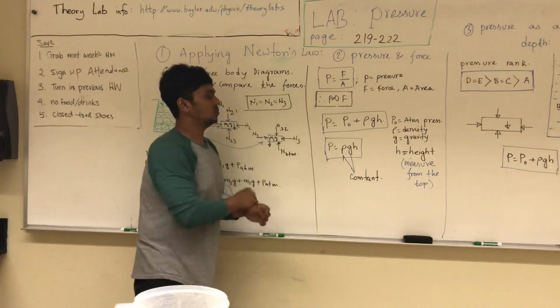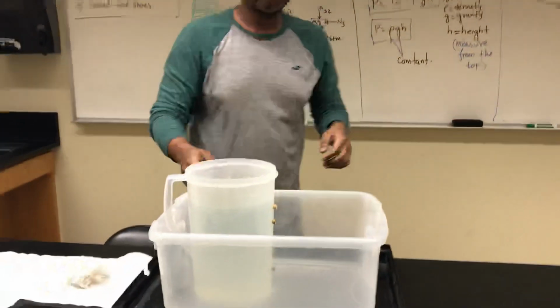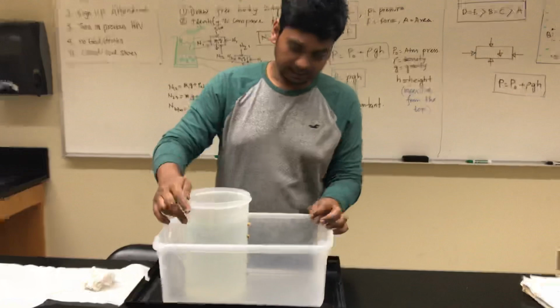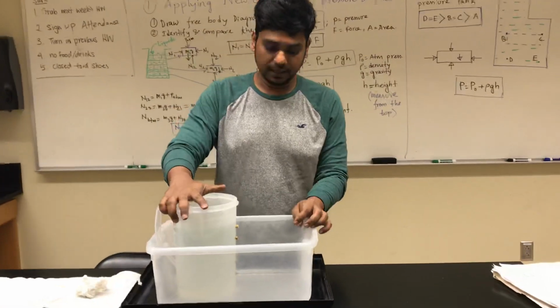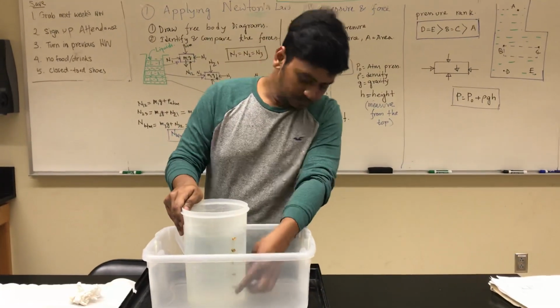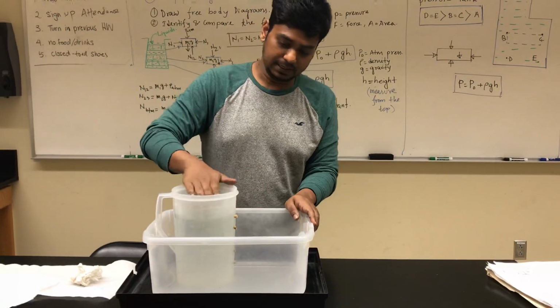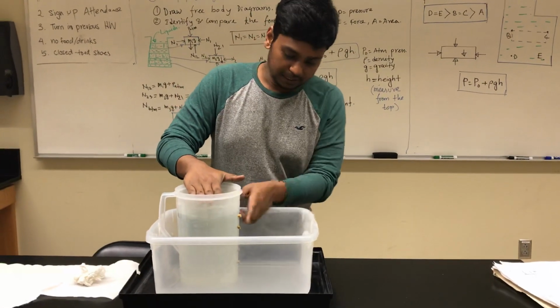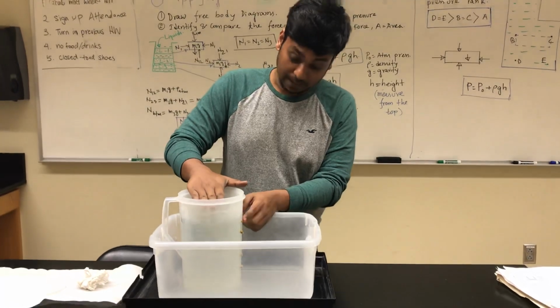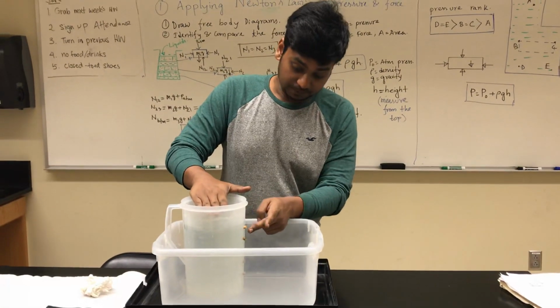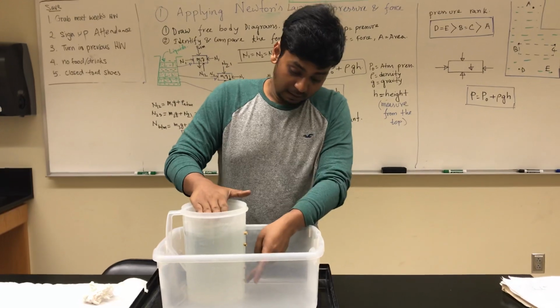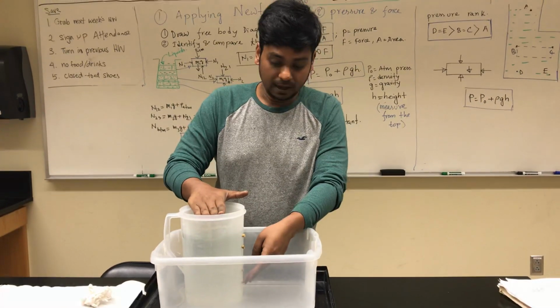So let's demonstrate this here. Here I have taken a jug of water and it has some holes like this. According to our theory, if this is the top surface, this point will have less pressure, then the lowest one will have the highest pressure.